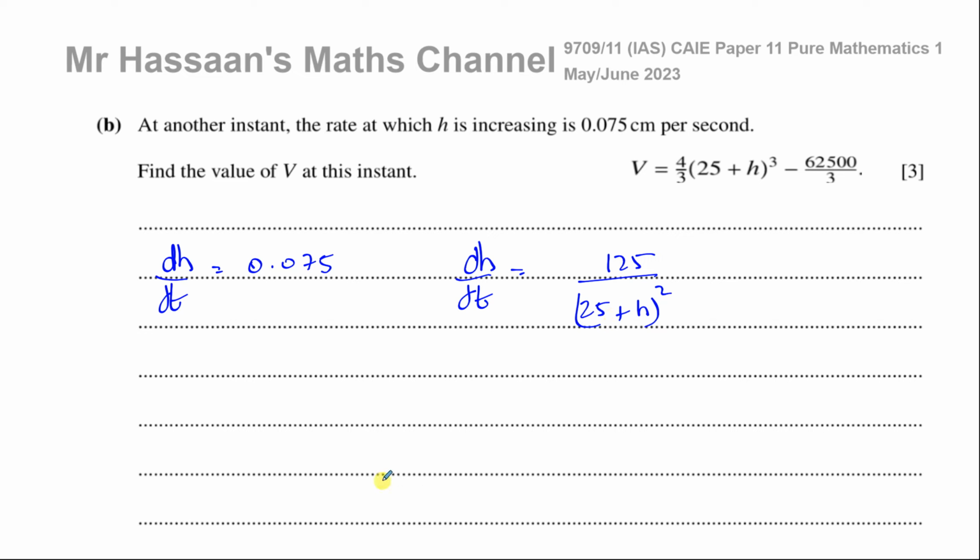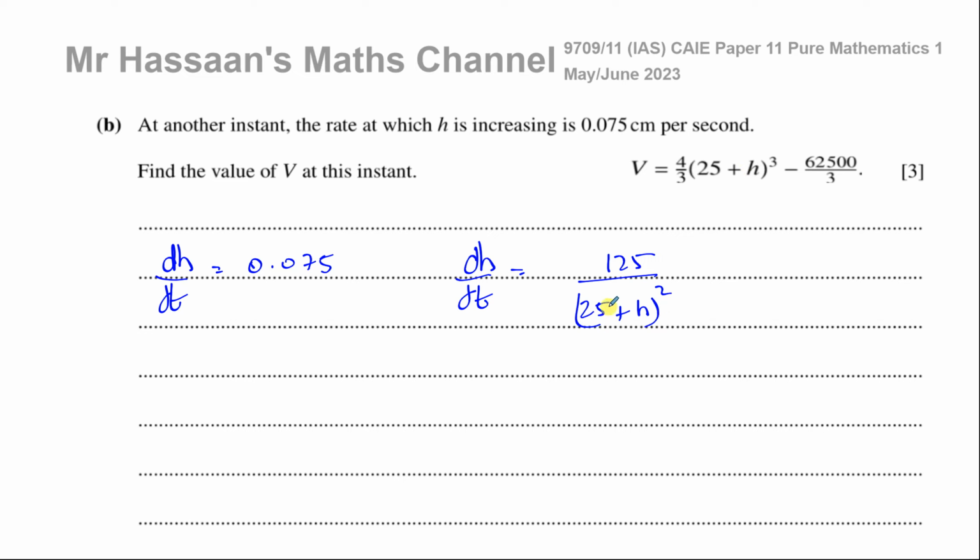So we want to find what the volume is at the point when the rate of change of the height of the water in the vessel is 0.075. If we can find the value of h, then we can put it into here.